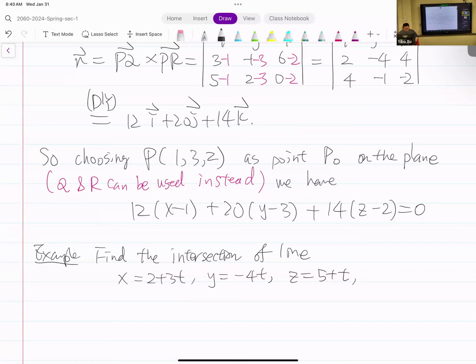And there's a plane, and the plane is 4x plus 5y minus 2z minus 18 equals 0.